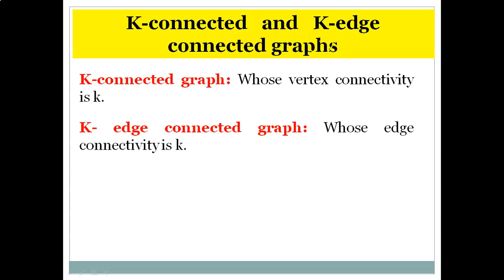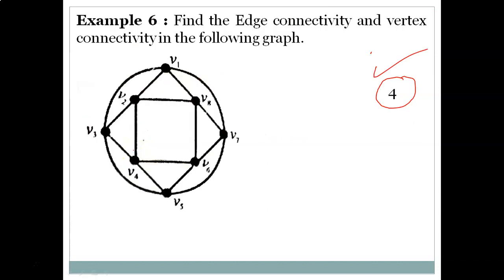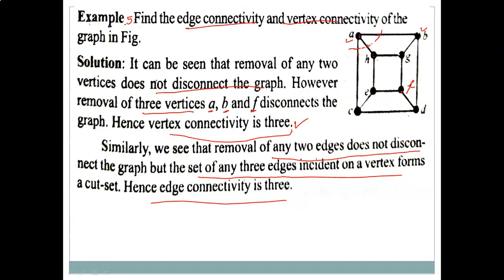Then the definition of a K connected and K edge connected graph. A K connected graph is a graph whose vertex connectivity is K, and a K edge connected graph is a graph whose edge connectivity is K. For example, this particular graph is 4 connected and 4 edge connected, and similarly this graph is 3 connected and 3 edge connected.